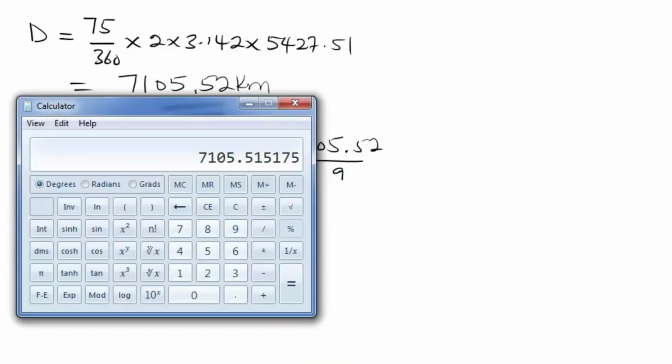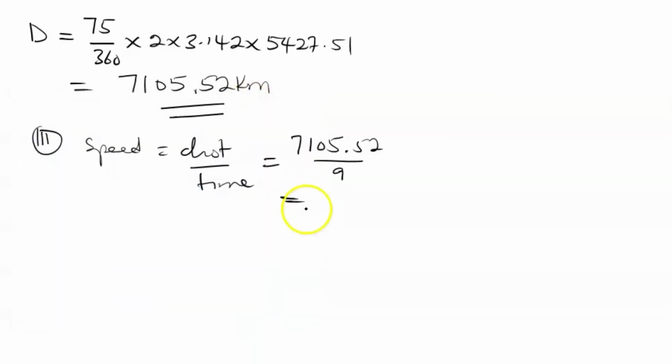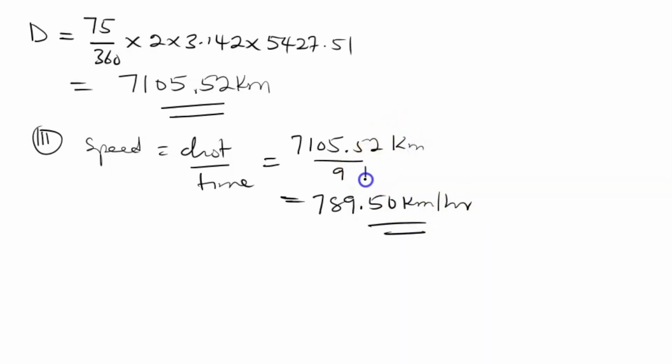When we do that, this answer divided by 9 is going to give us 789.50. Of course, speed is measured in kilometers per hour, because this is in kilometers and this is in hours.